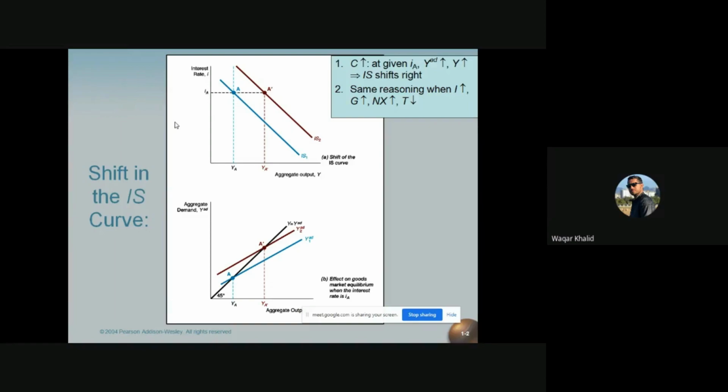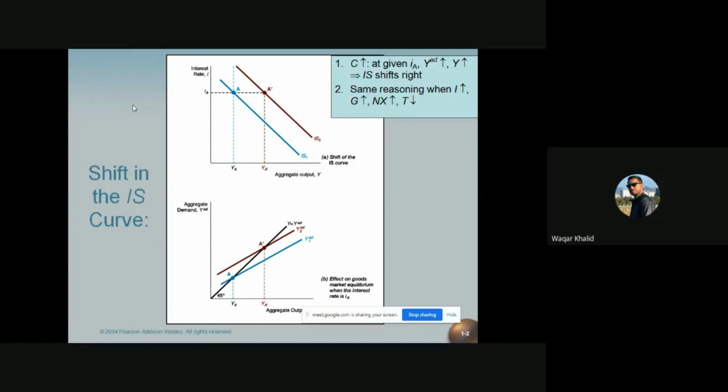What will be the result? It means the aggregate demand function goes to a new position from the original. Suppose Y1AD is the original aggregate demand function, then this original position will change to Y2AD. Why is this curve shifting from its position? Because, as you know, aggregate demand consists of four main components: number one, consumption expenditures; number two, investment expenditures; number three, government spending; number four, net exports.